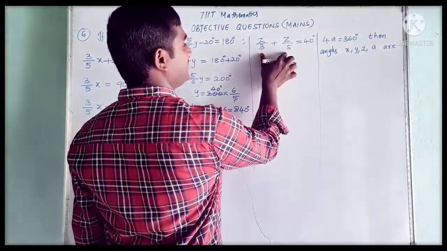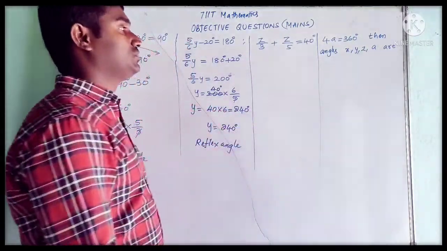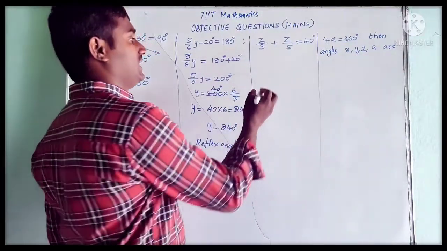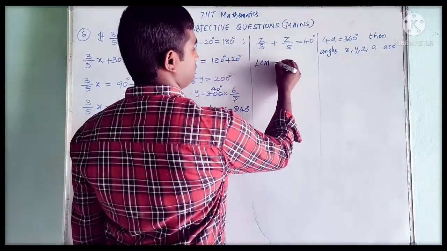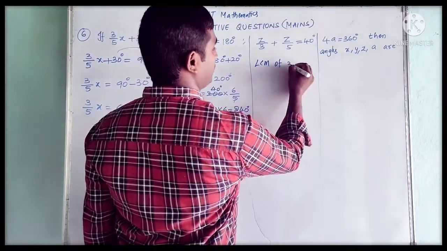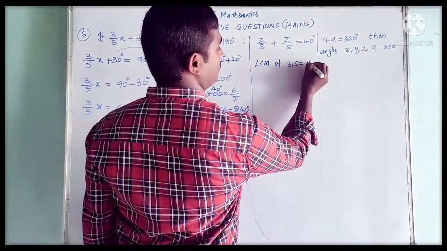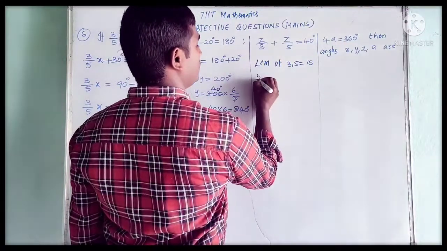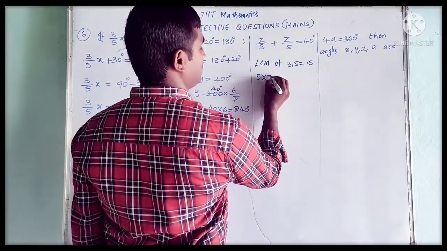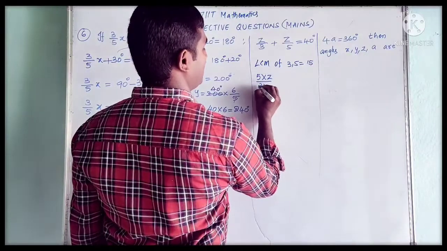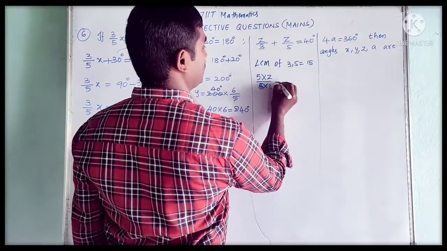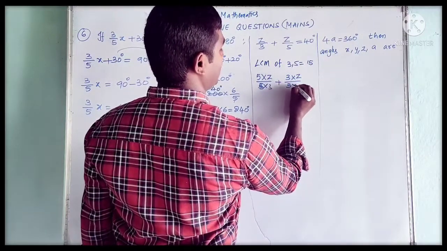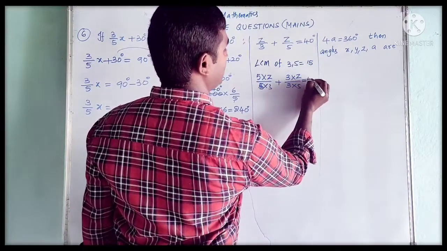Next, the third one, z/3 + z/5. When we are adding fractions with different denominators, we should convert them into like fractions. So the LCM of 3 and 5 equals 15. So to get 15, we multiply z/3 by 5 and z/5 by 3, equal to 40 degrees.